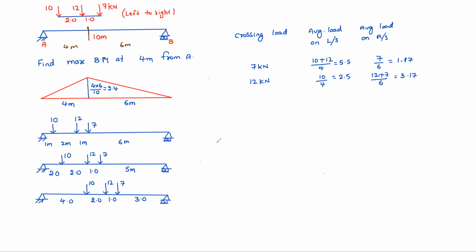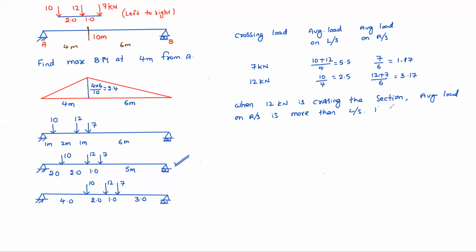So that means this loading position is correct. Second loading position is correct. Whenever 12 kilonewtons is passing, the scenario is changing. When 12 kilonewtons is crossing the section, the average load on right side is more than left side.